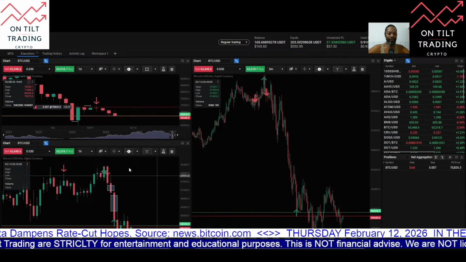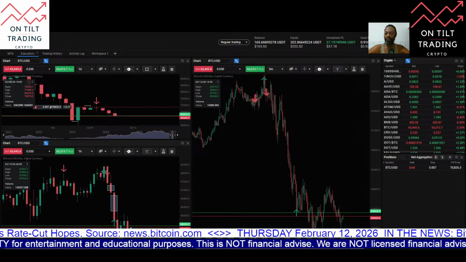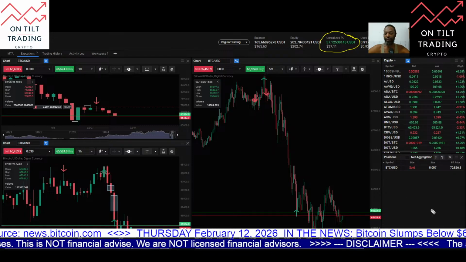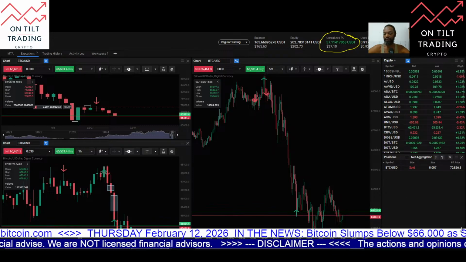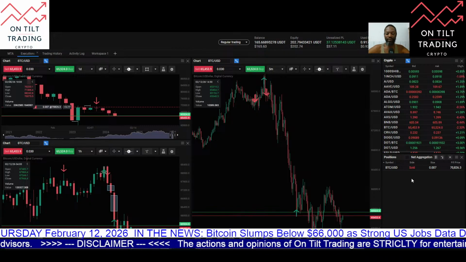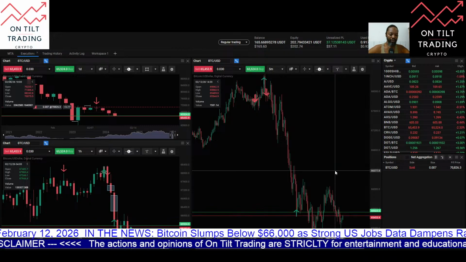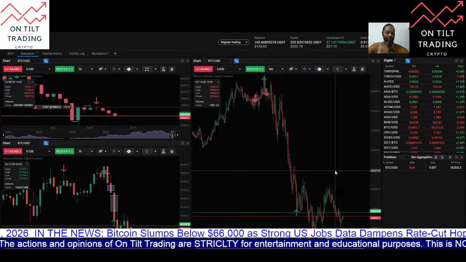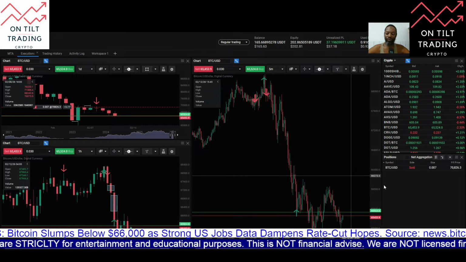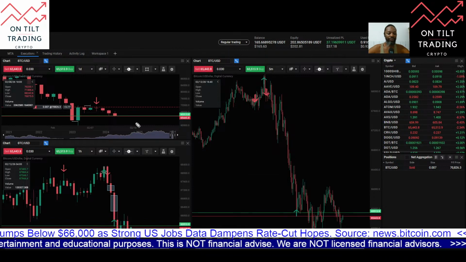I'm currently still sitting in this longer position here, and currently realized or unrealized 37 USDT here. And we'll see how the rest of the price action delivers here until potentially reaching the swing low here on the daily chart.